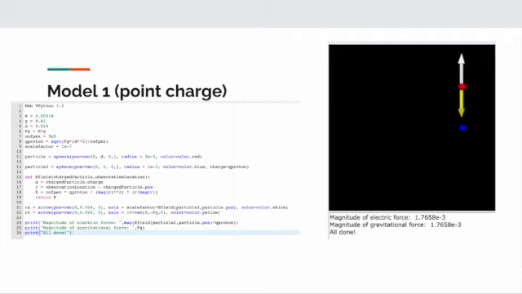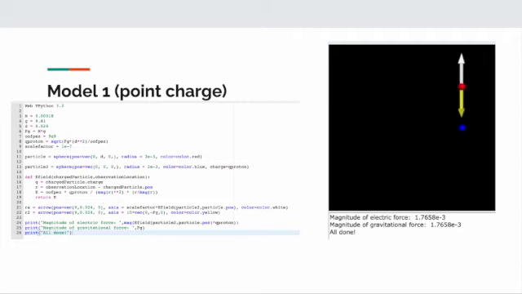For the first model, we made the tape a point charge, so we let the tape act as one charge instead of a distribution of charges throughout a line. The m is what we found, the g is the constant, and the d is what we found in the lab. Then we solved for the force of gravity, and I made the blue particle at the bottom the charged tape, and the red at the top the tape that was suspended.